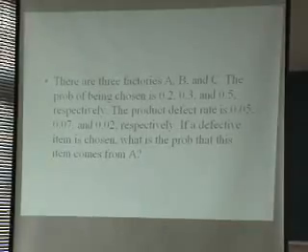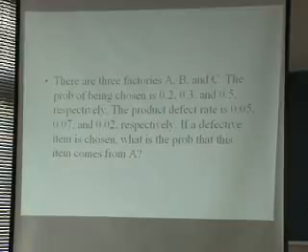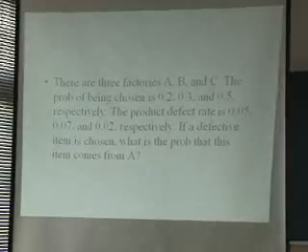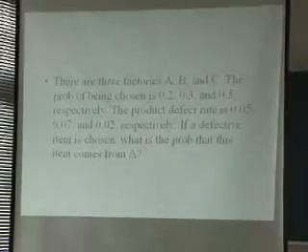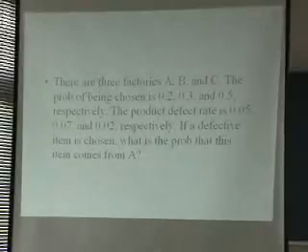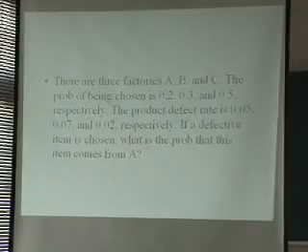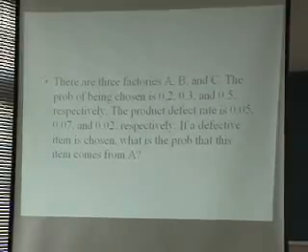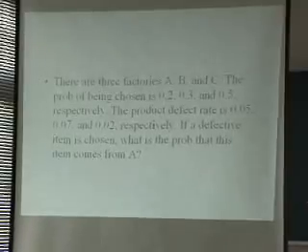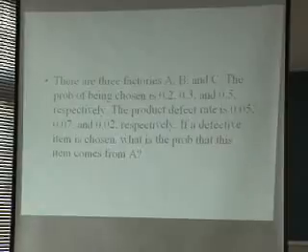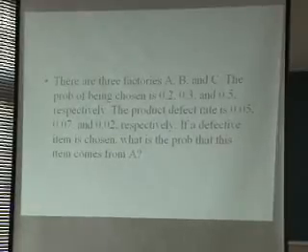If you choose one from B, 93% will be good, 7% will be bad. And if you choose from C, 98% will be good, 2% will be bad. Now, if a defective item is chosen, we already know it is a bad one. What is the probability that this item comes from A?